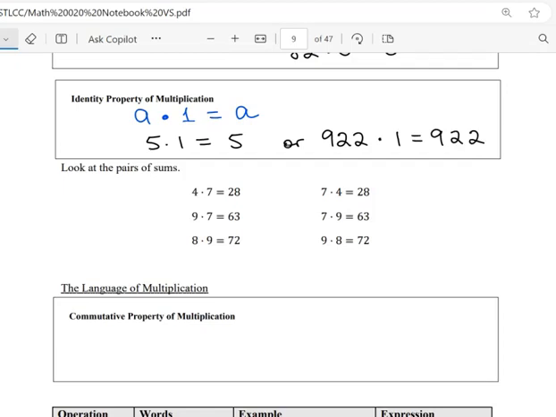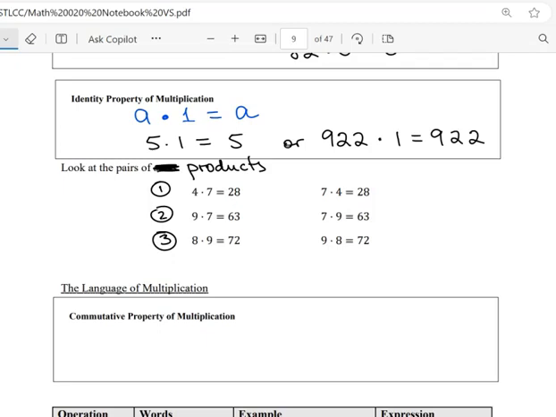The commutative property of multiplication is very similar to the commutative property of addition. So let's look at the pairs of products. You have 3 pairs. 4 times 7 is 28, but so is 7 times 4. 9 times 7 is 63, but so is 7 times 9.